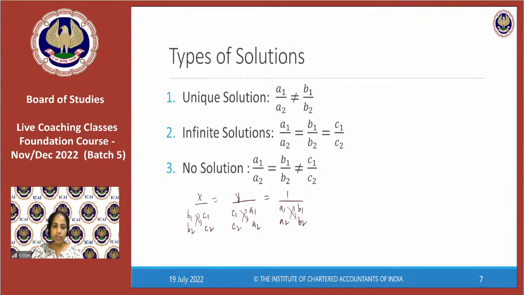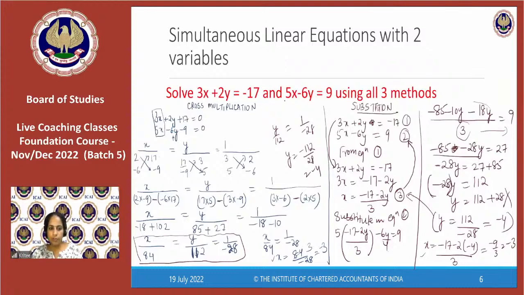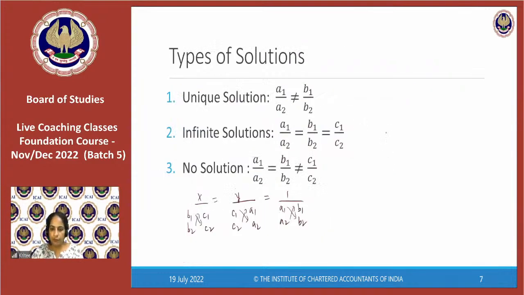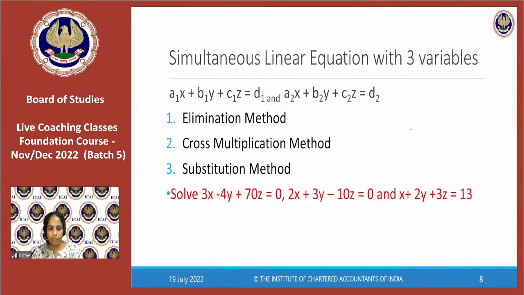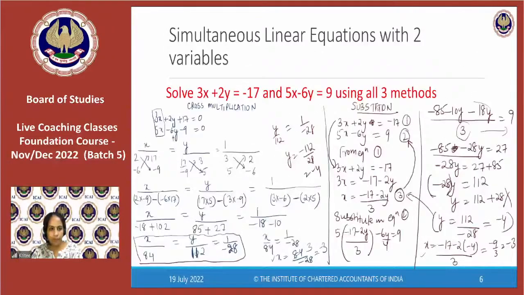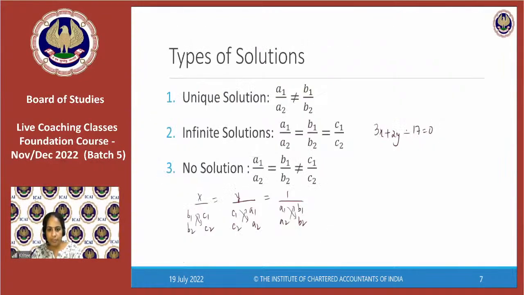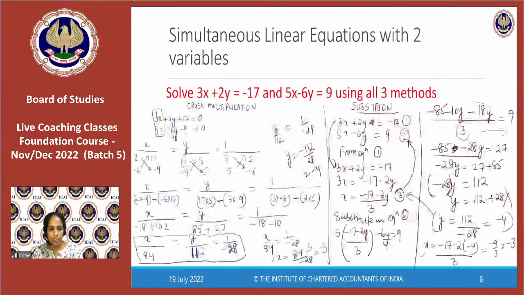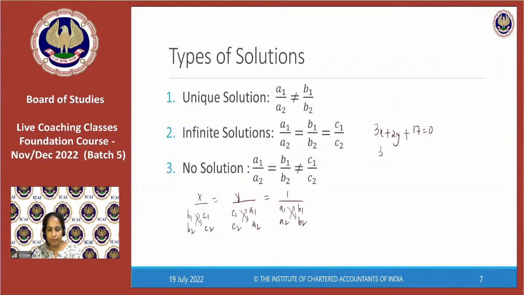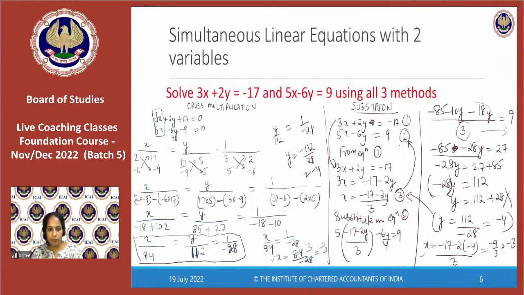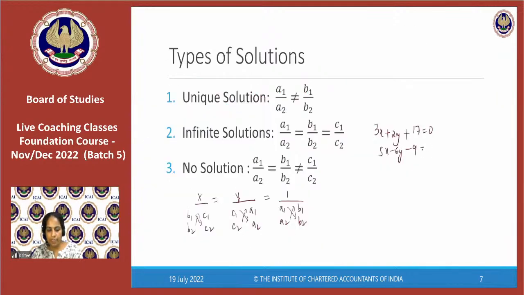So for this particular question, I'll just quickly write this equation for your topic ahead: 3x plus 2y minus 17 equals 0, and 3x plus 2y plus 17 equals 0, and 5x minus 6y minus 9 equals 0. So these are the equations. Just by looking at the coefficients, you can identify whether you can solve this or not.